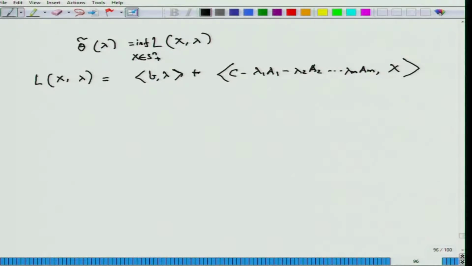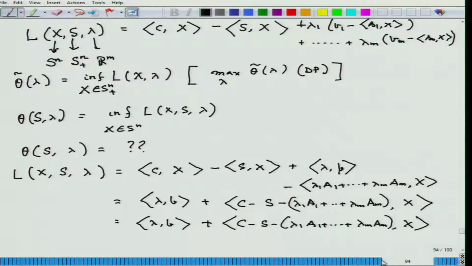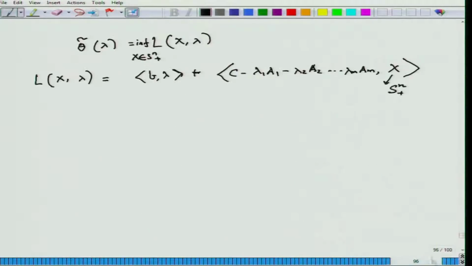Now, you see x is an element of Sn plus. You can argue that unless this is equal to Sn plus, I cannot say anything. Now, x is in Sn plus, and I have to minimize over that. So, when do I have a finite value for this?